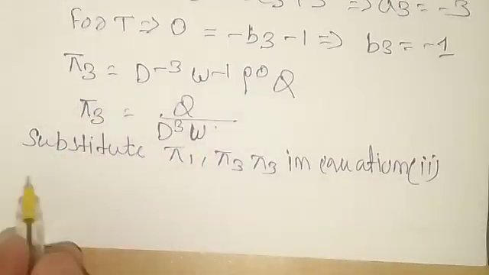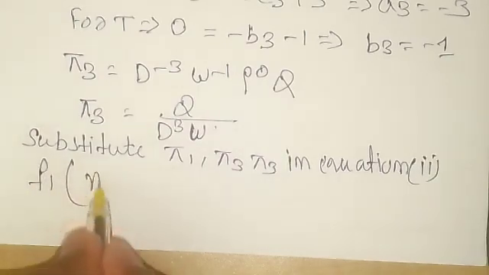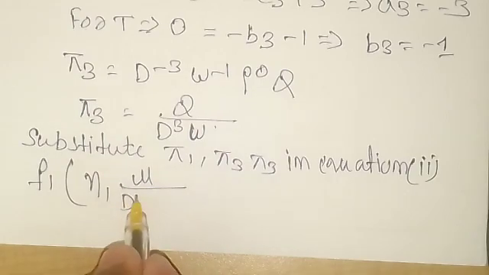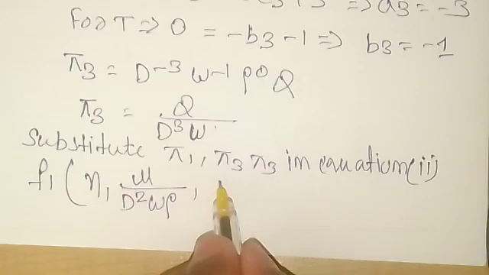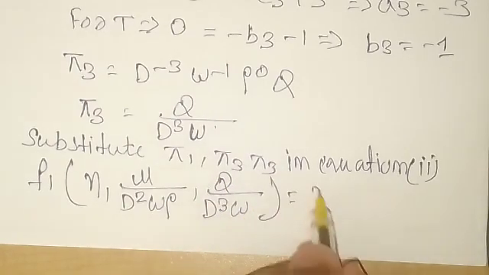So when you substitute in equation 2, which is nothing but f1 of pi 1, what you got is eta, and pi 2 is mu by d square into omega rho, and pi 3 is q by d cube into omega, is equal to 0.